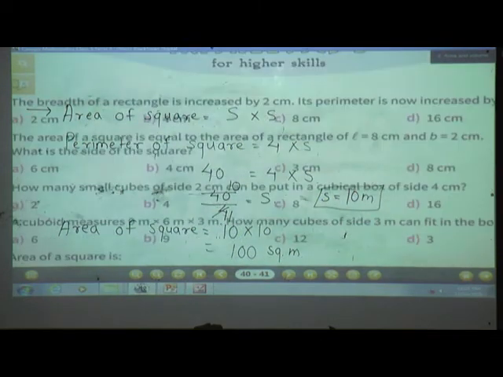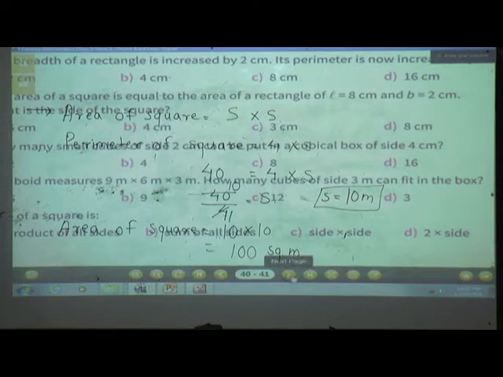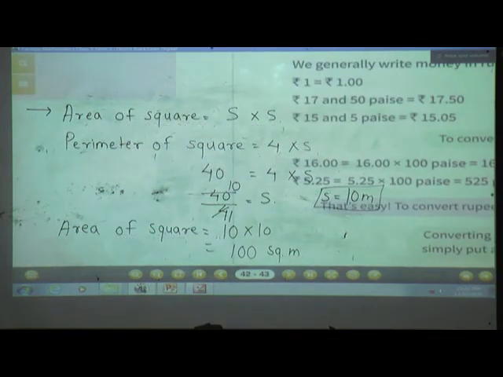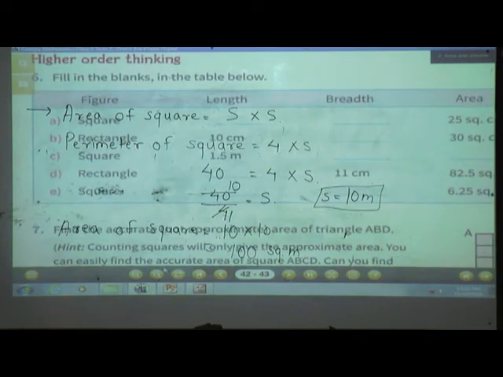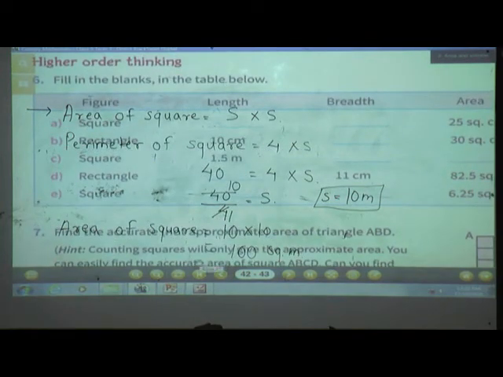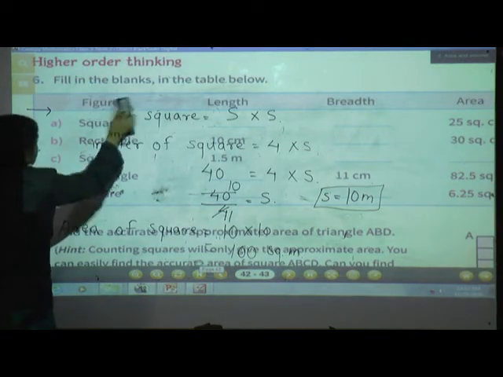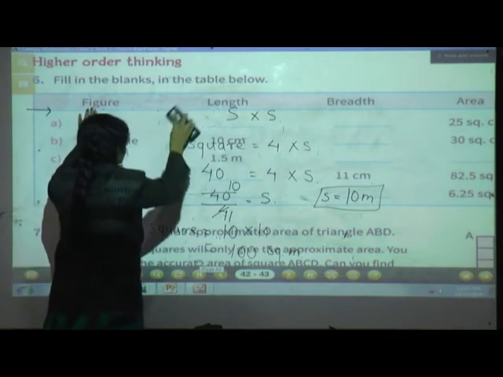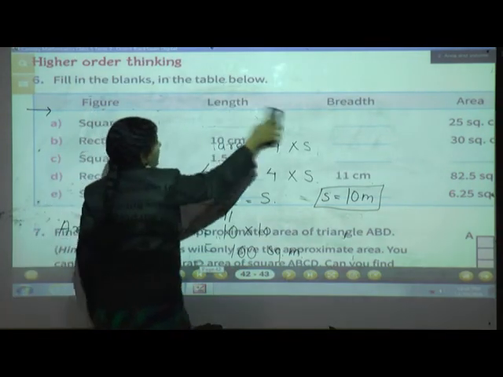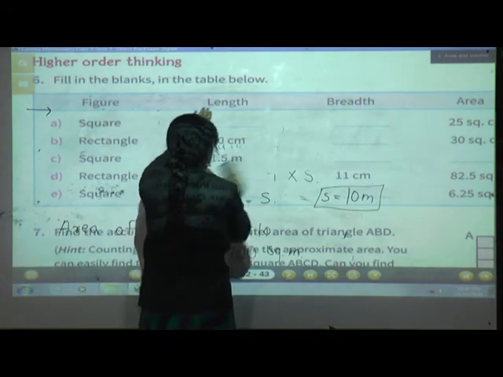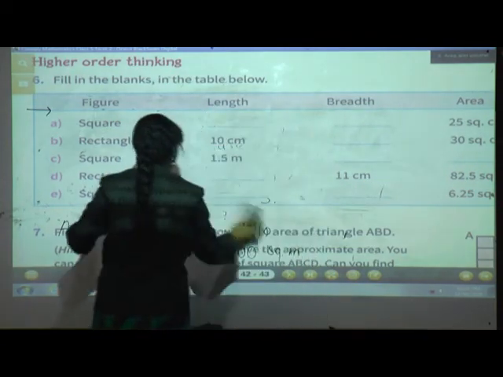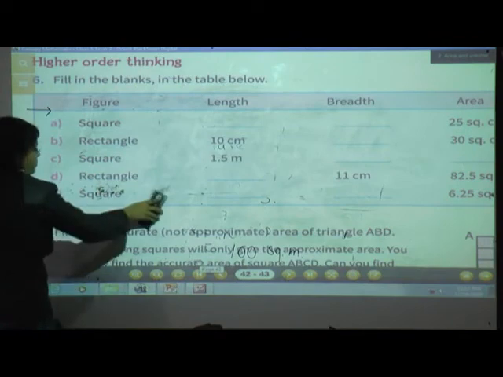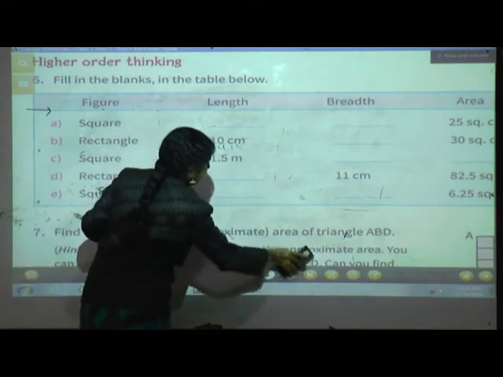We will solve them one by one. Here they have given a table. Fill in the blanks in the table below. Here they have given the name of a figure and length, breadth and area. So we have to find the values of the blank areas.